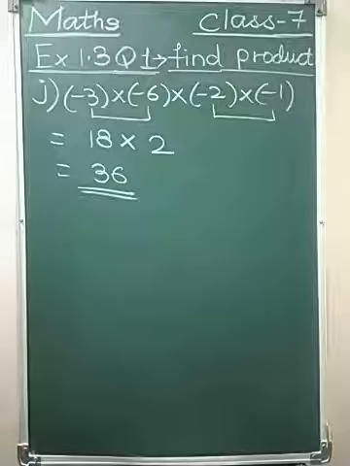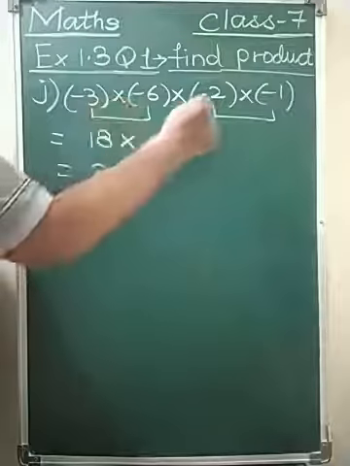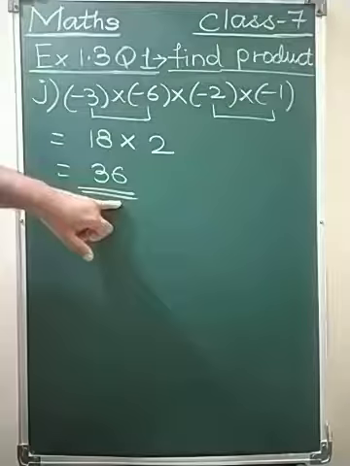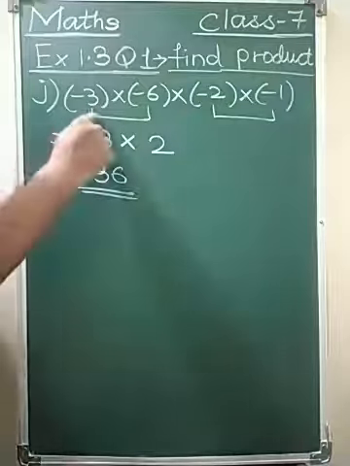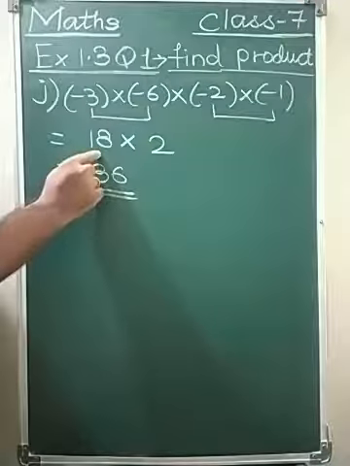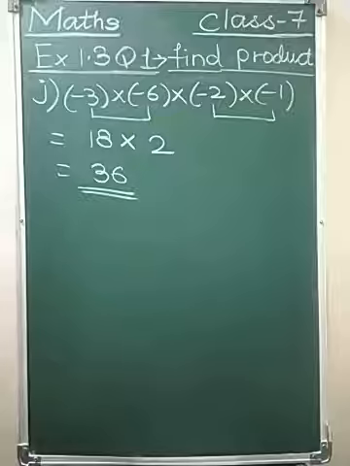Now just notice one thing: when we are multiplying 4 negative integers, we are getting a positive answer. When we are multiplying two negative integers, we are getting a positive answer. But when we are multiplying three negative integers, that is H sum that we have done, we get a negative answer.